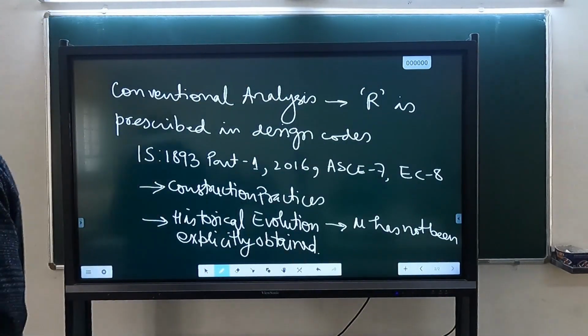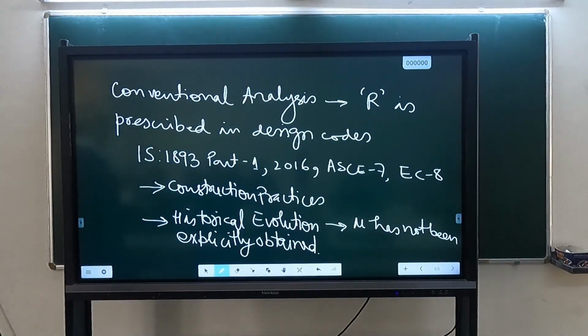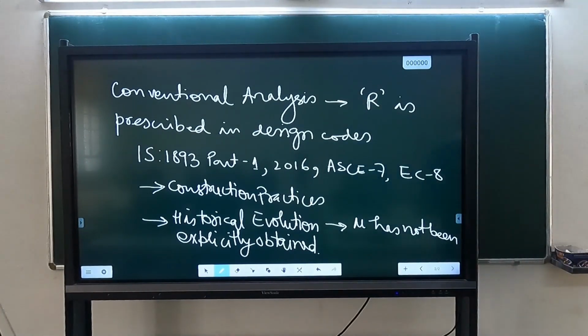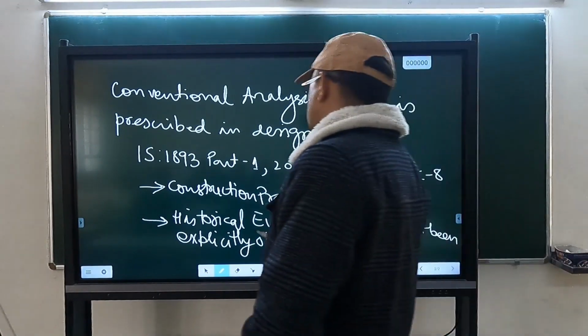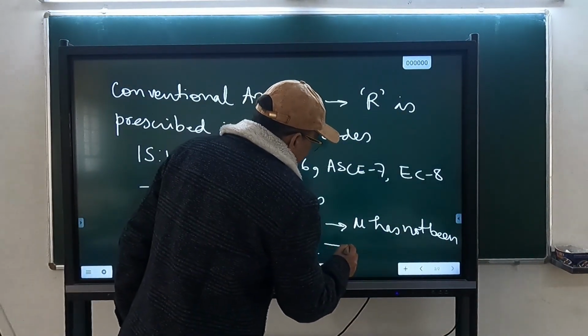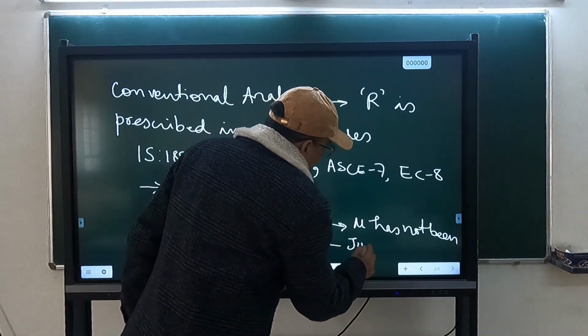Why? Because it requires nonlinear analysis. The tools for nonlinear analysis were not available earlier, and these are still not commonly used in design of systems. So this is based on historical values which people have used, and judgment.